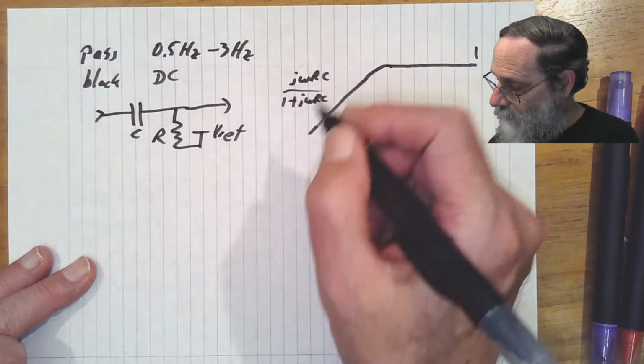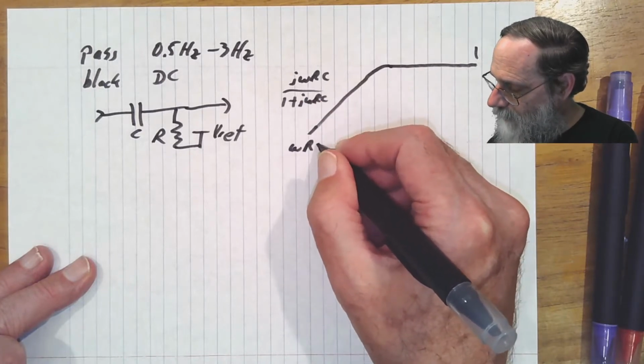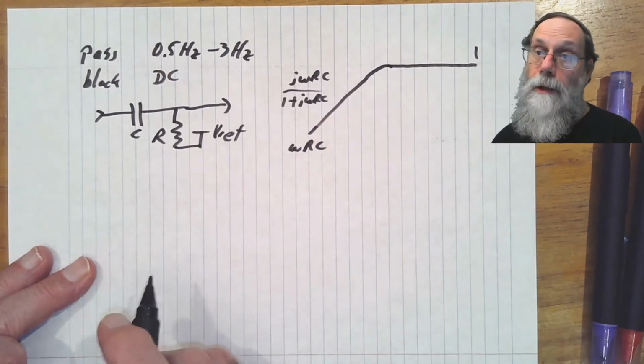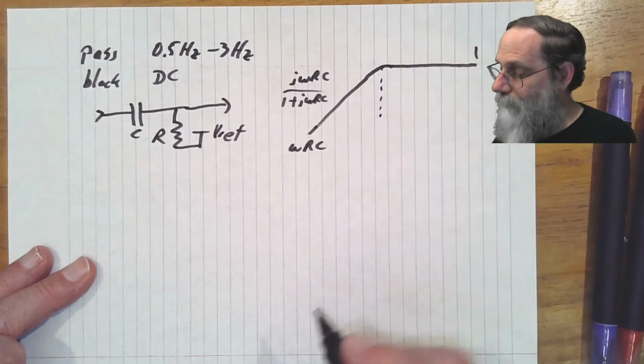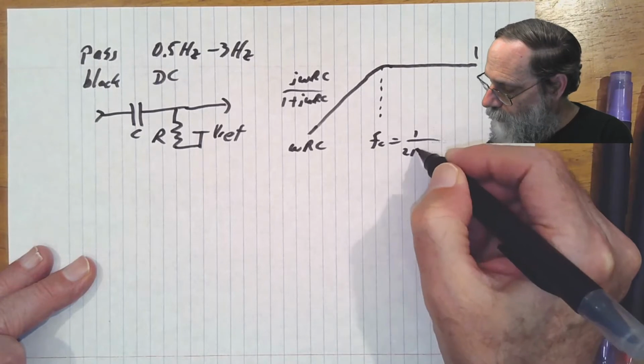So if we just look at the magnitude of that, the gain here is omega RC. So there's the place where these two come together here, the corner frequency, and that's going to be 1 over 2 pi RC.